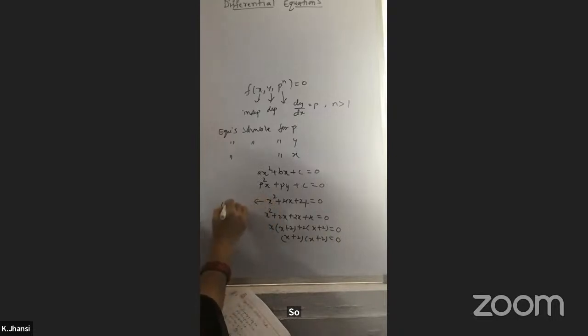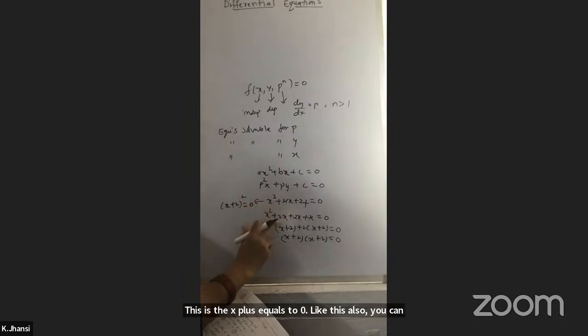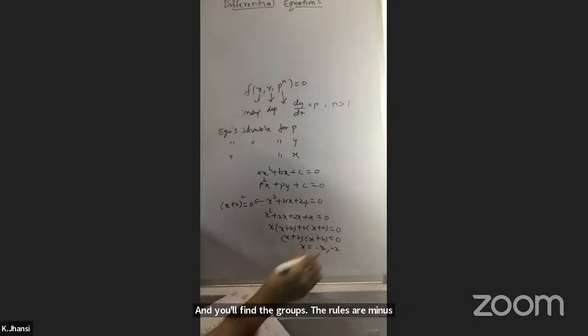This is x plus 2 whole square equals 0. Like this also you can do. So if any algebraic expression is there, you do the factorization of that and you will find the roots. The roots are minus 2 comma minus 2.